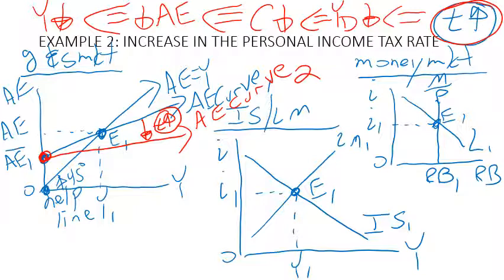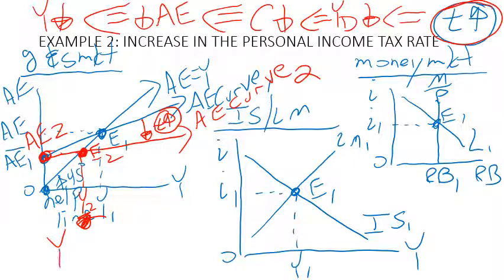And what we have is a new equilibrium, E2, with a new level of aggregate expenditures and a new level of GDP. So what happened? GDP decreases.